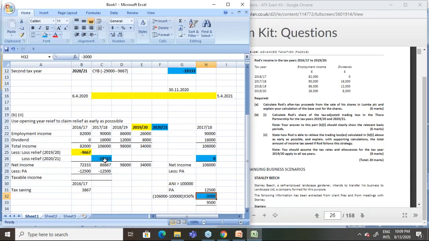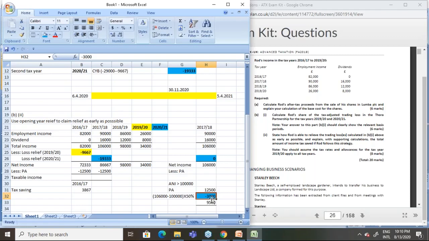So one relief on this 19,333, I am now in a position to get a tax saving at the rate of 40% as a higher rate taxpayer. And the other thing is I got another benefit that my personal allowance now increased by 3,000 pounds. Again, I get a tax saving at the rate of 40%.